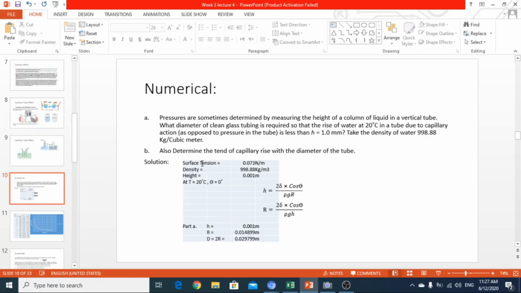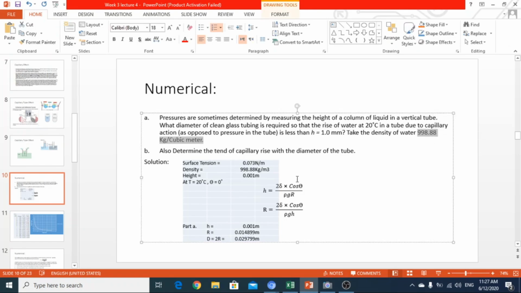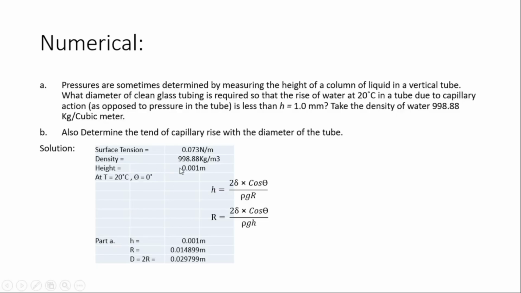Like if we are reducing or increasing the diameter, how does the height of the column vary. Okay, so simply what we have in our data, we know the surface tension from the table. They have given us the density of water for this condition, and the height.